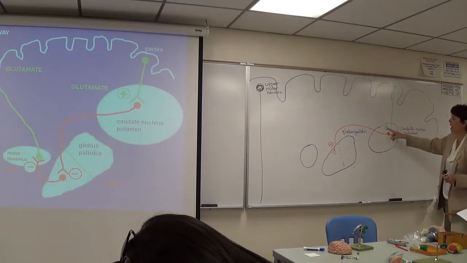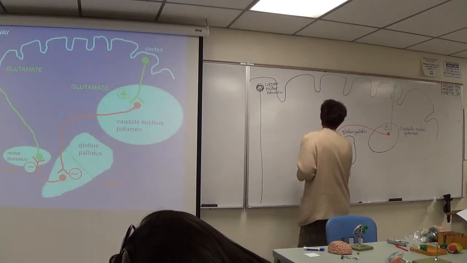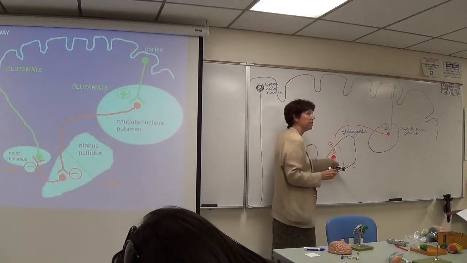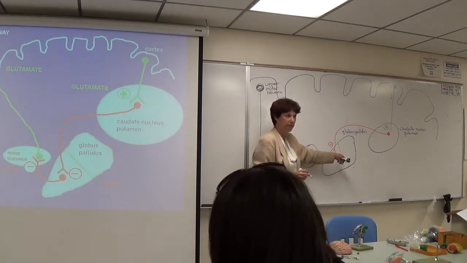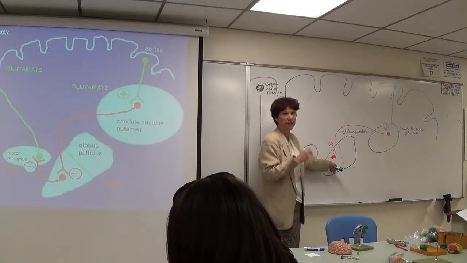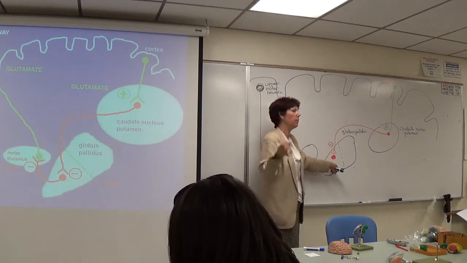So when this neuron fires, it binds to a neuron, and it makes this neuron less likely to fire. Does that make sense? It's going to make the inside of this neuron more negative, and therefore this neuron won't fire.